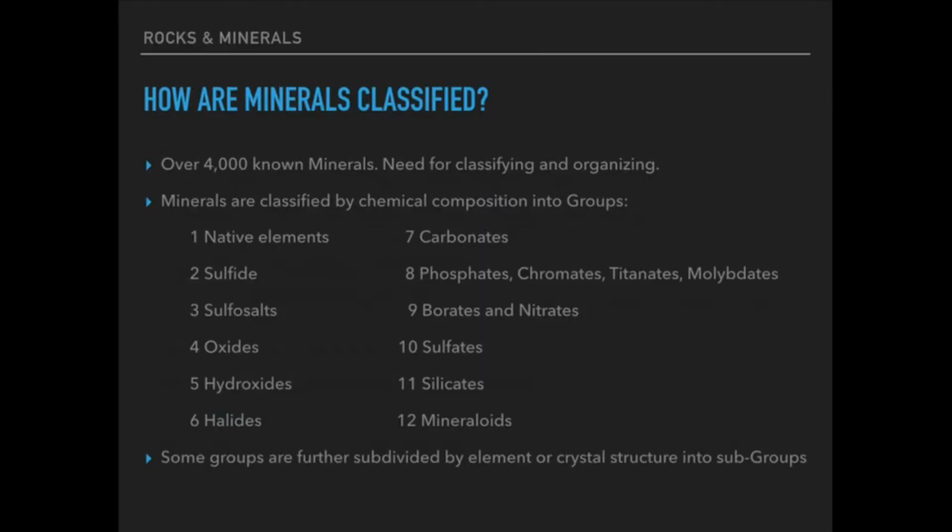So minerals are classified. Now, there's over 4,000 known minerals, and we need a way of classifying and organizing them. So they're classified by chemical composition into groups. And now I put them into these 12 groups here. I got this from my book that I've reviewed, and I don't think there's any standard order for putting these into a particular order, but I ended up with these 12 here, and I've just labeled them here.